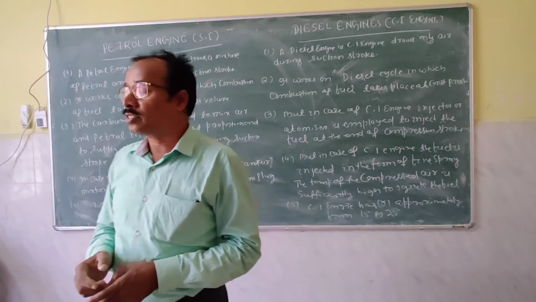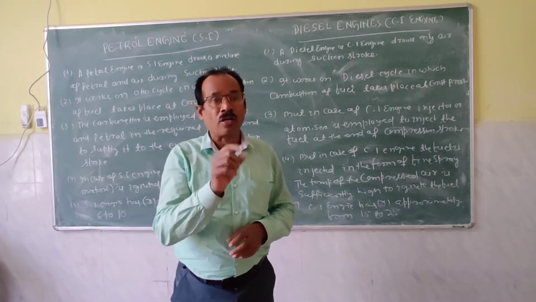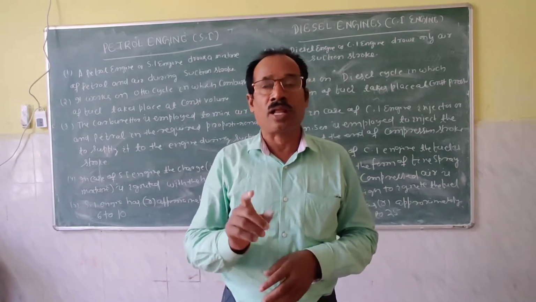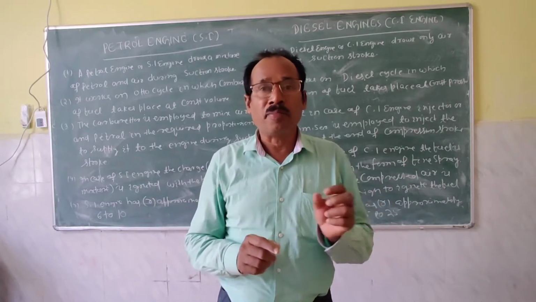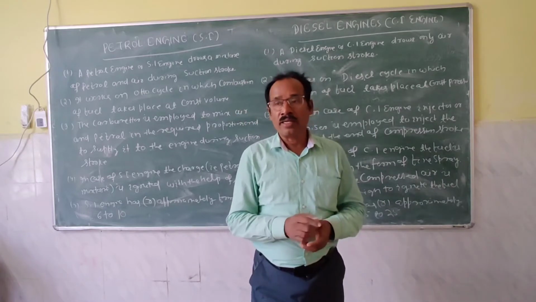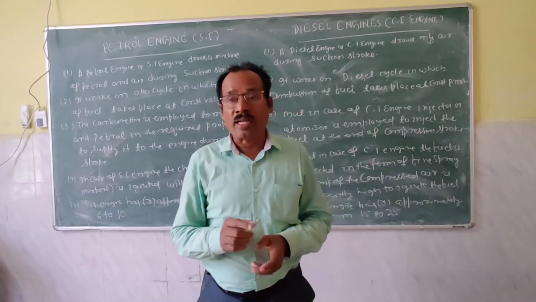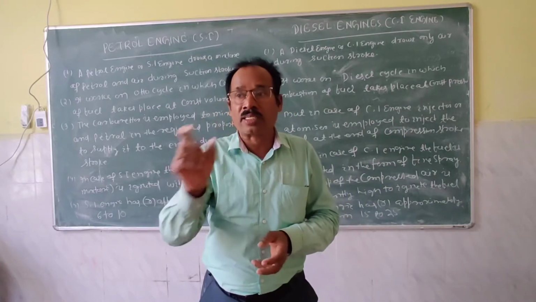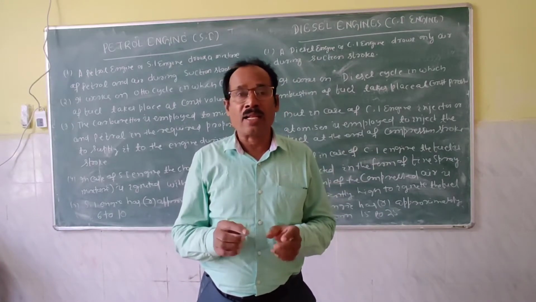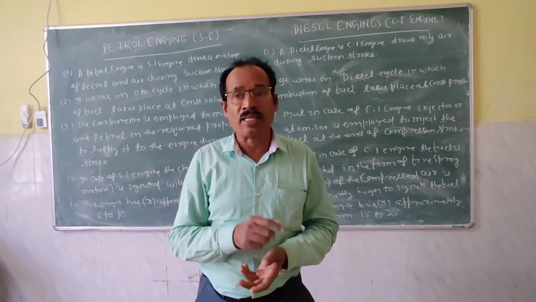I have already discussed what are the terms used in an IC engine. First of all, bore. The diameter of the working cylinder is known as bore. It is measured in millimeter. Then dead center. Dead center means when the piston and the connecting rod are in the same straight line. There are two types of dead center, for vertical engines and horizontal engines.